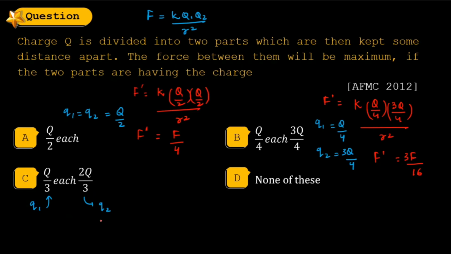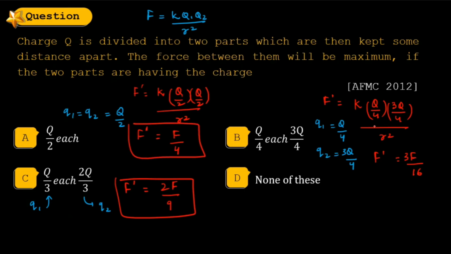In the third case, I'm writing it directly, F dash is going to be twice F by 9. Now just evaluate all three answers and tell me which one is greater, F dash 1, F dash 2 or F dash 3. Which is the bigger value? You can do it.